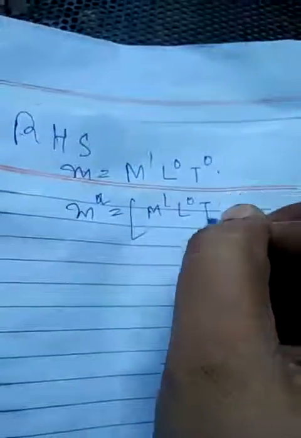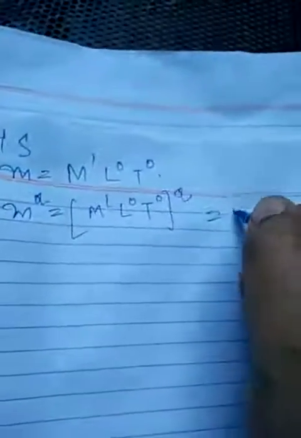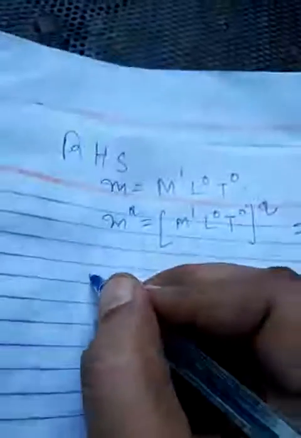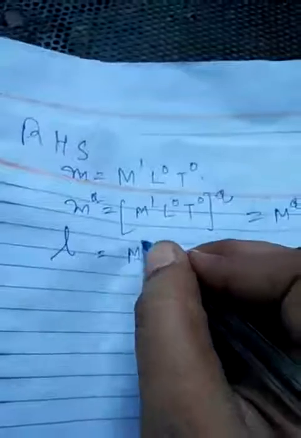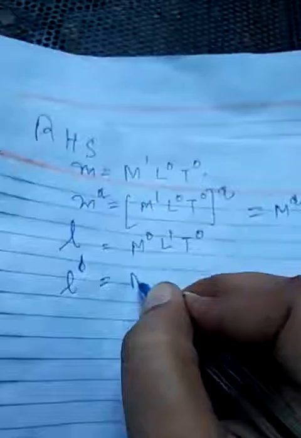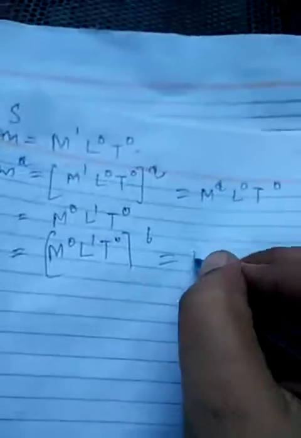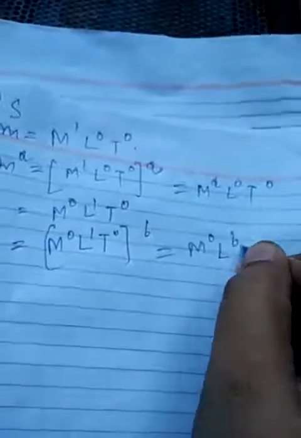Now we take mass. The dimensions of mass are m1, l0, t0. Now m raised to the power a means m1, l0, t0 raised to the power a, or I can write it as m^a, l0, t0. Then second was length. Length has dimensions of m0, l1, t0, raised to the power b, so it will be m0, l^b, t0.